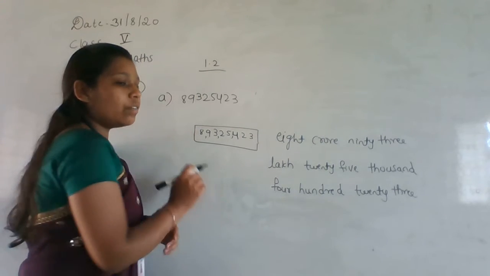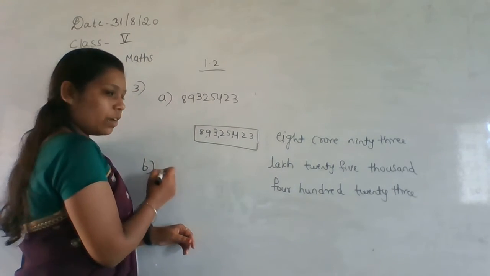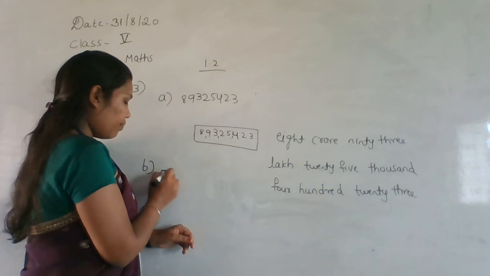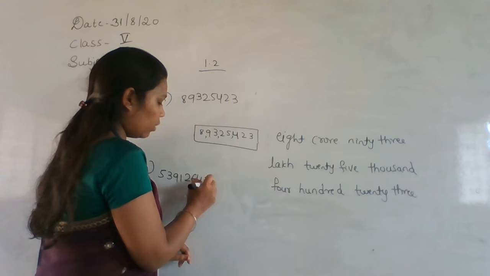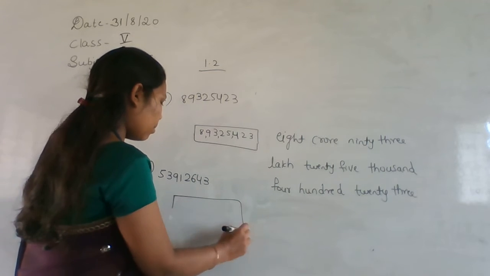Okay, second one, we'll do another one so you will get an idea. 53912643. How to write this number?